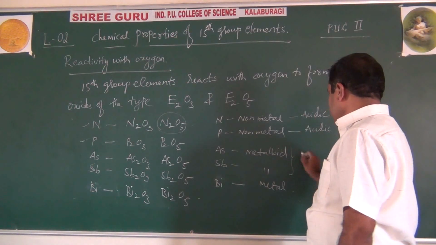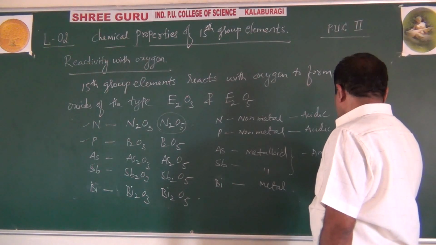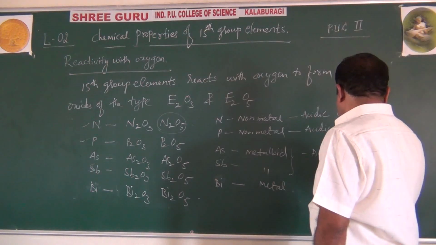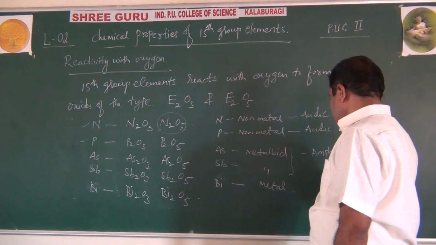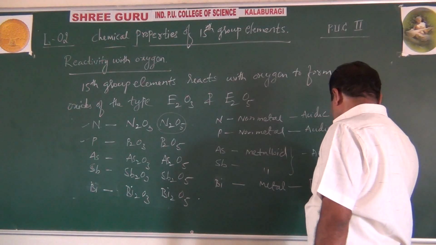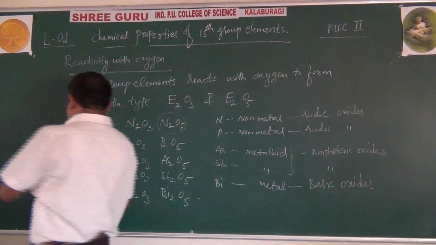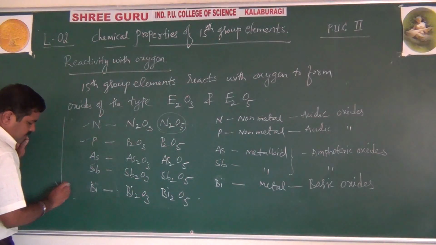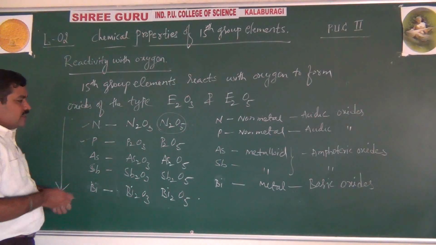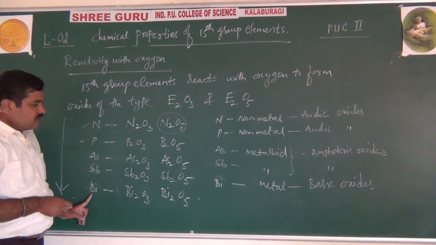And both these two, they form amphoteric oxides. And metal forms basic oxides. That means down the group, what is happening? Acidic character of oxides decreases from nitrogen to bismuth.